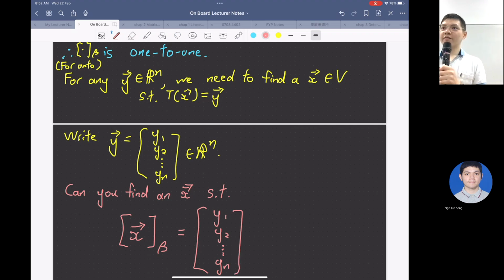Let you think a bit. Can you find such x?